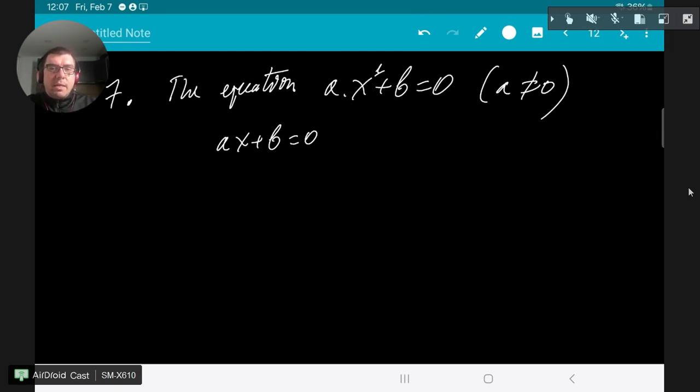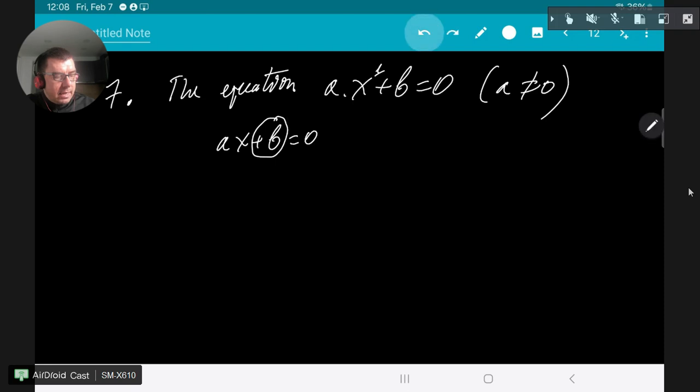Now, commonly, this is a common way of expressing what we're doing. We say we move the number to the other side with opposite sign. So instead of having ax plus b equals 0, I have ax equals minus b. The b goes on the right side with a minus, with opposite sign, okay?